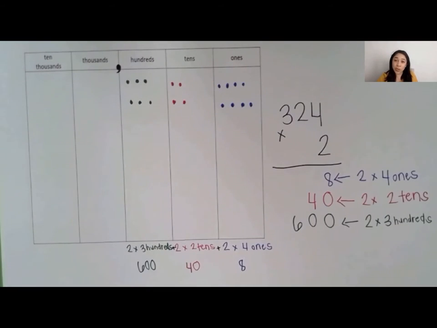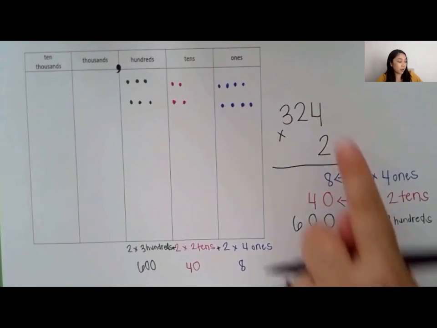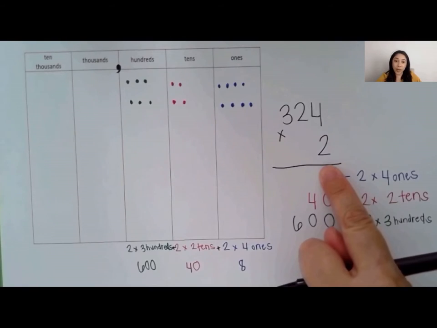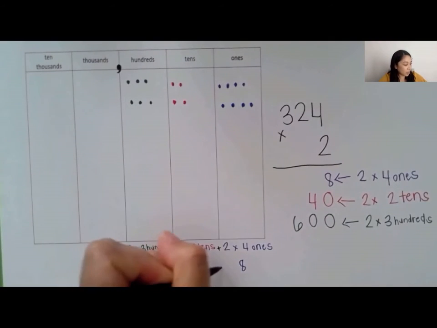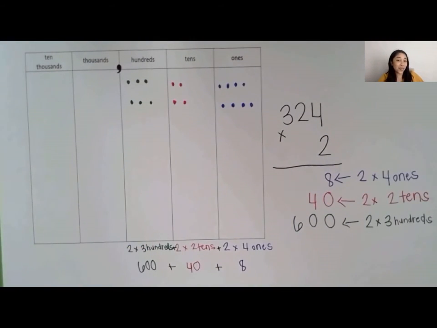We also wrote 2 times 324 vertically on our board and recorded the partial products for the ones, for the tens, and for the hundreds. What is the value of the discs represented in our chart? 600 plus 40 plus 8, and that equals 648.